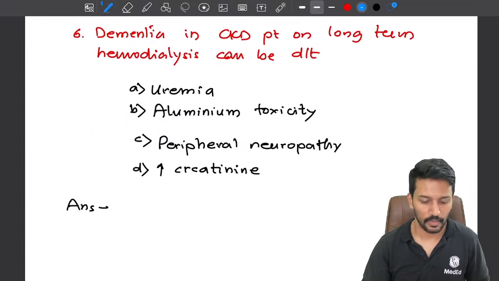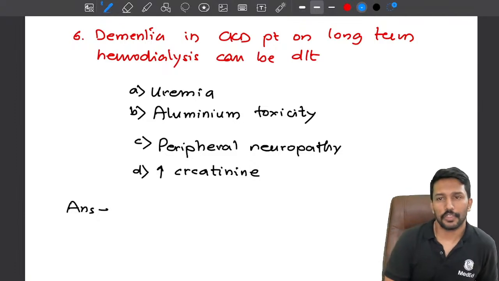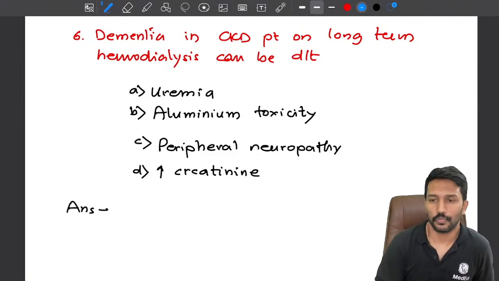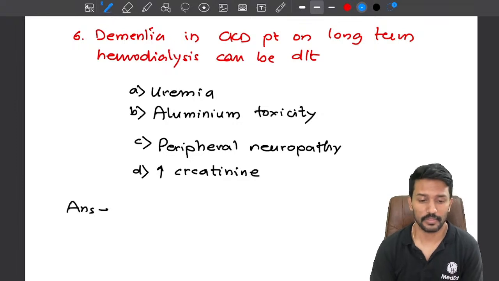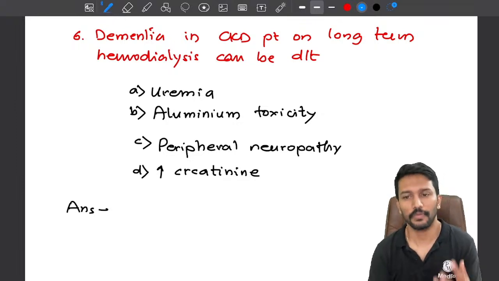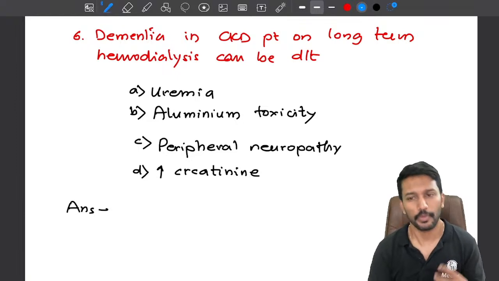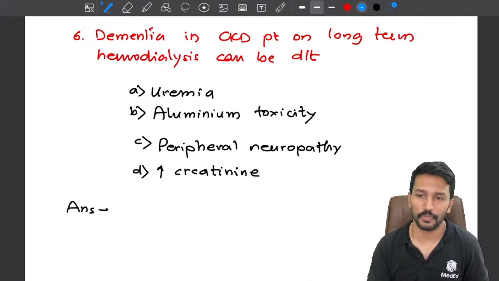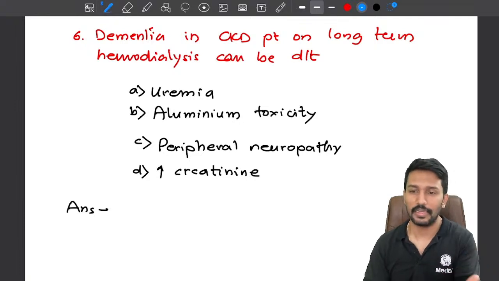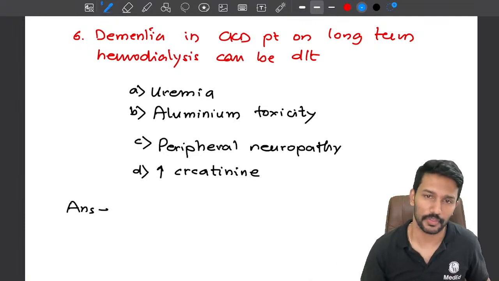Okay, next. Dementia in a CKD patient on long-term hemodialysis can be due to? I think we have discussed this point even when we were talking about Alzheimer's disease. In fact, we got to know that there is a connection between Alzheimer's disease and this particular toxin because of our exposure or understanding of CKD. We saw plenty of CKD patients developing faster dementia in comparison to the general population, right?